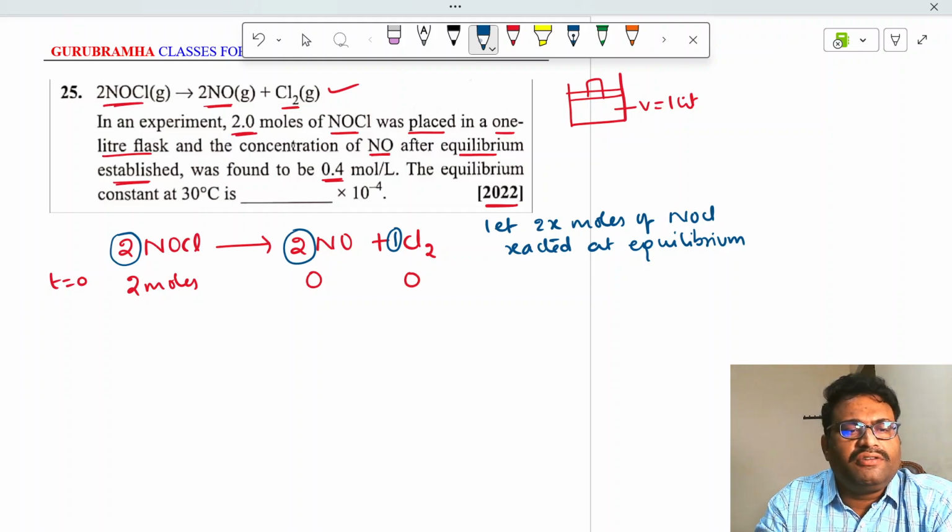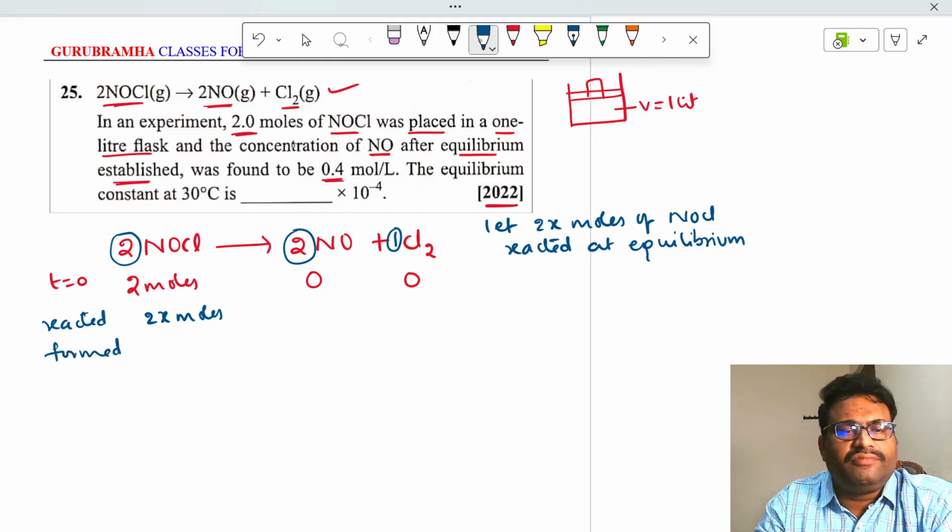According to that ratio, if 2 moles of NOCl reacted, 2 moles of NO are formed. So 2x moles formed, and Cl2 will be x mole, right?